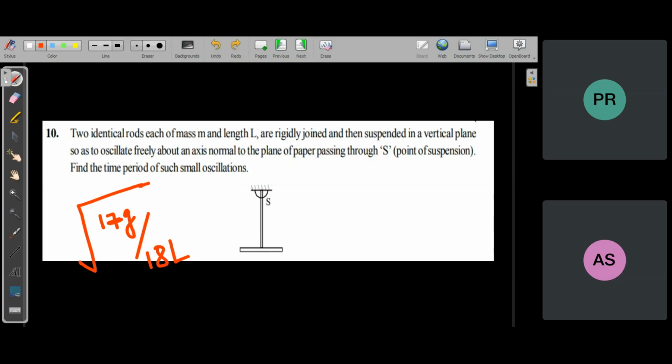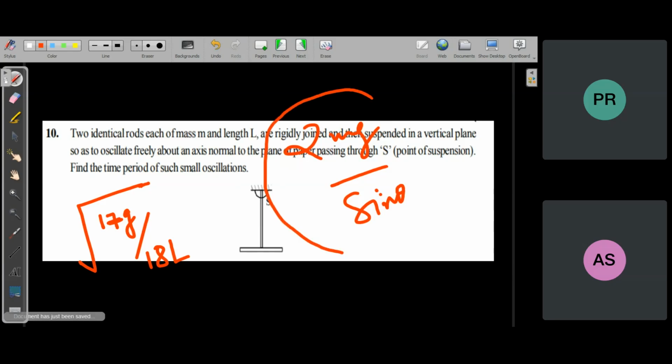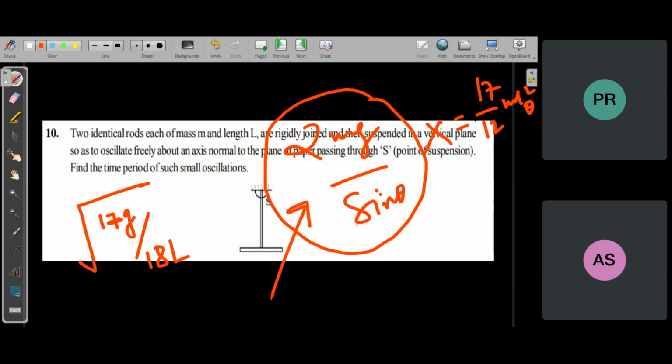So you are saying 2 mg by sine theta, right? 2 mg by sin theta, sir, multiplied. 2 mg by sin theta equals 17 by 12 m l square theta. But how? What is this 2 mg by sine theta? Again, read the full equation.